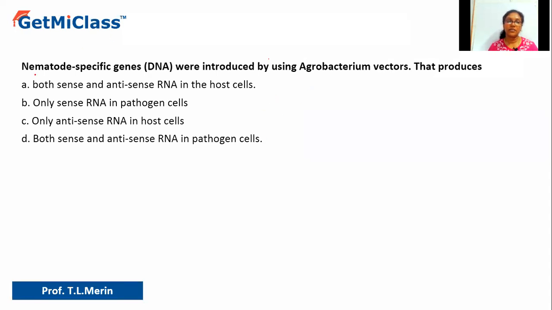Now let us understand the question. It says the nematode-specific genes were introduced by using Agrobacterium vectors that produce. So here they're talking about the production of pest resistant plants. When we want to produce pest resistant plants, in which organism are we supposed to introduce the gene for the resistance?